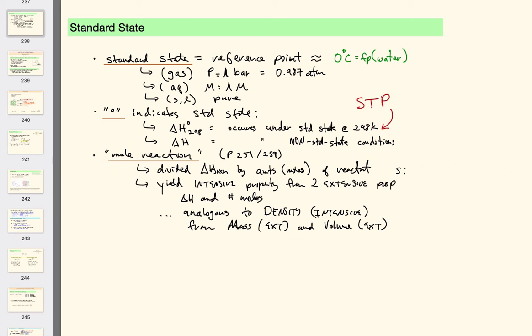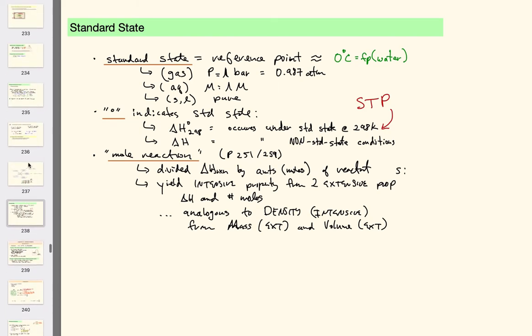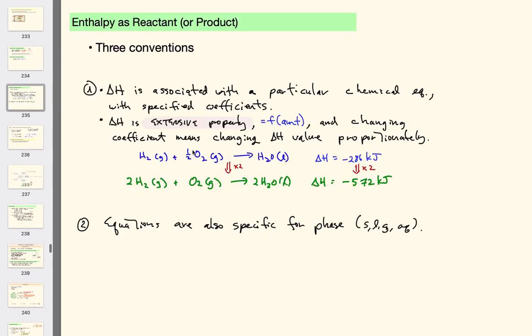Told you it's hard to explain, so let me go back. Okay, so each of these, minus 286 kilojoules is the mole reaction for this reaction, and minus 272 is the mole reaction for this reaction.